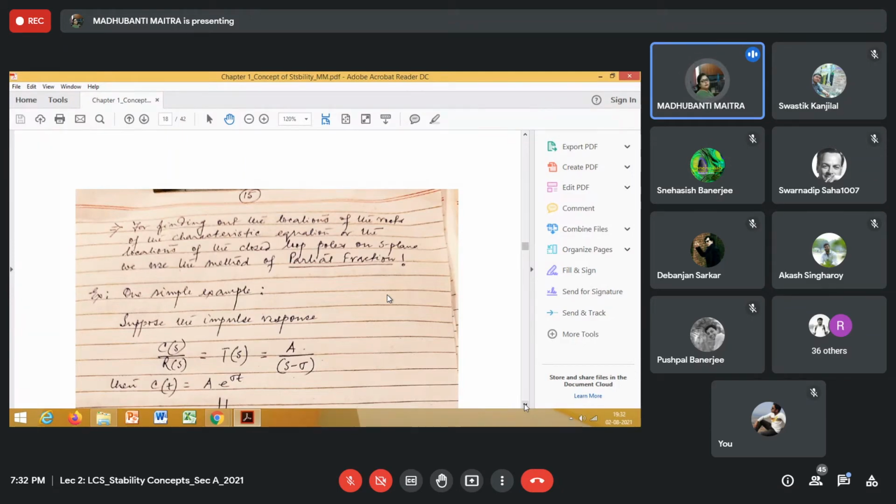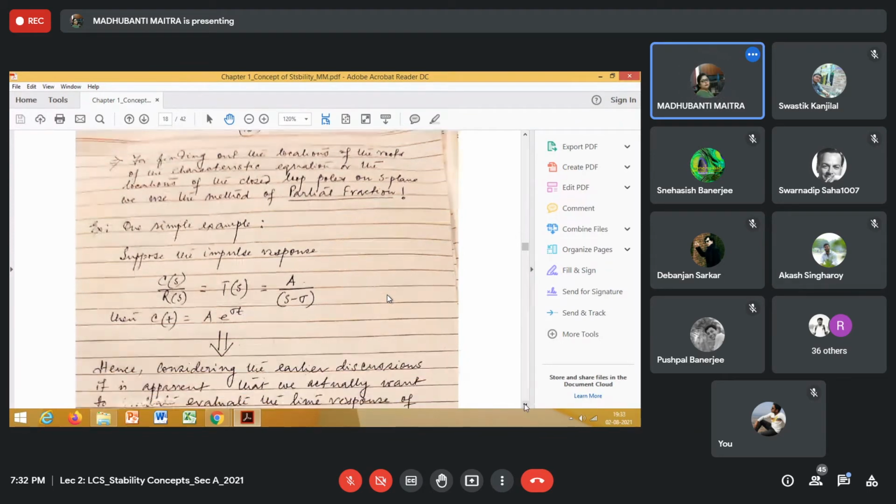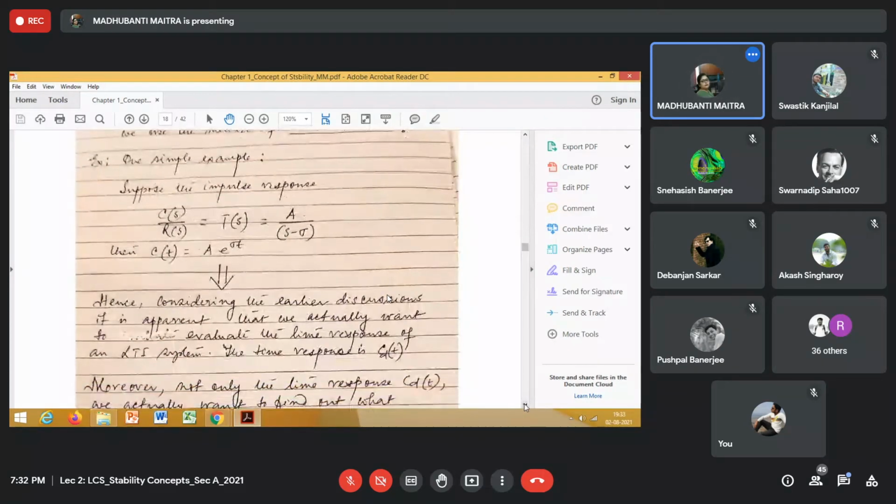Then with the help of partial fractions we can find out not only the locations of the roots of the characteristic equation, but also the response Cs by Rs, that is Ts.